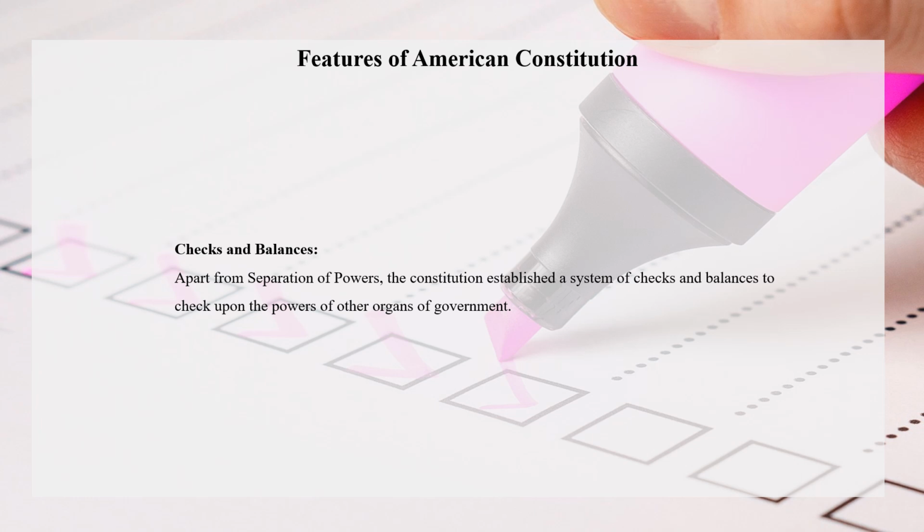The President has the power of veto over bills passed by the Congress. The Supreme Court can declare laws passed by the Congress and President ultra vires if they are inconsistent with the provisions of the Constitution. Thus, each organ keeps a check on the actions of the other branches of government.